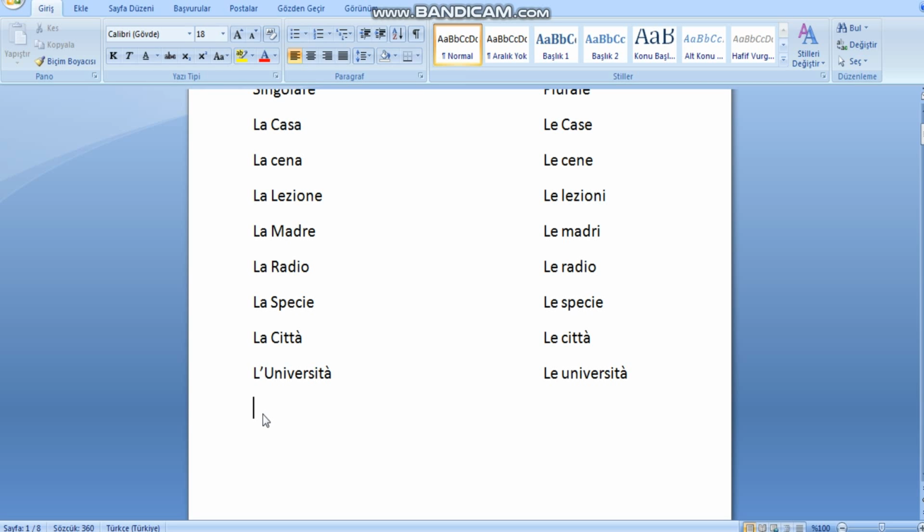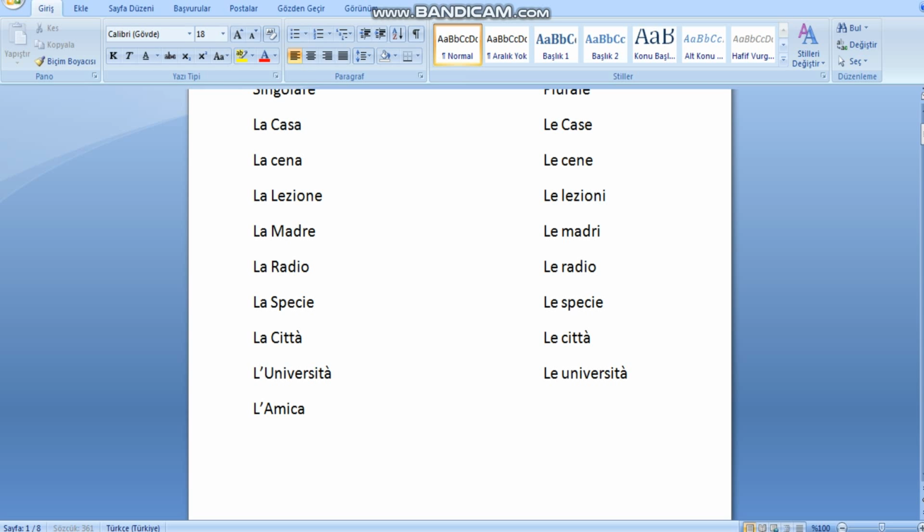Another good example of a word starting with a vowel might be the word amica. Starts with the letter A. So again, here we use the article l'apostrophe, l'amica, in the singular form.